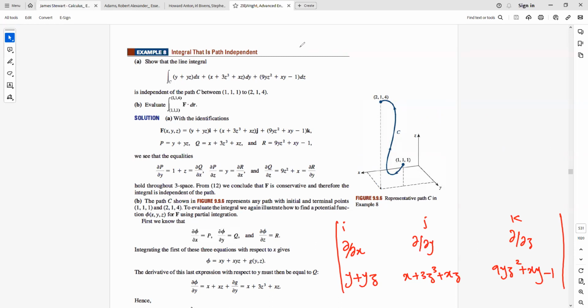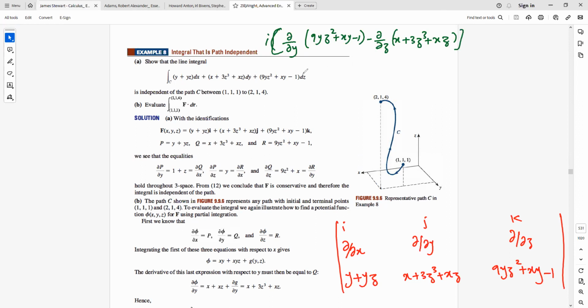So this is i times partial over partial y, sorry, not partial over partial x, but partial over partial y, applied to 9yz squared plus xy minus 1. Then minus partial over partial z applied to x plus 3z cubed plus xz.